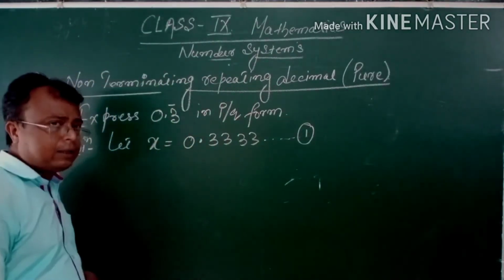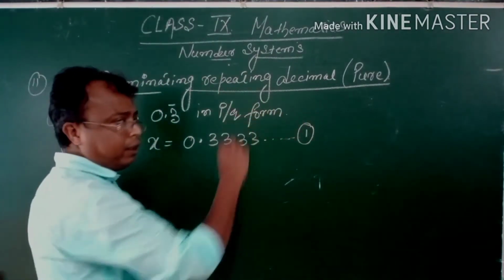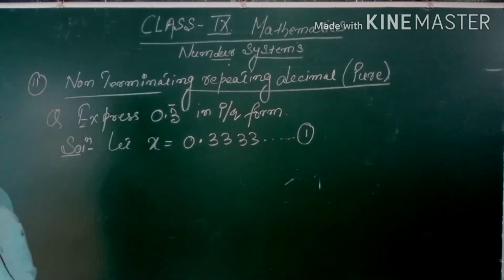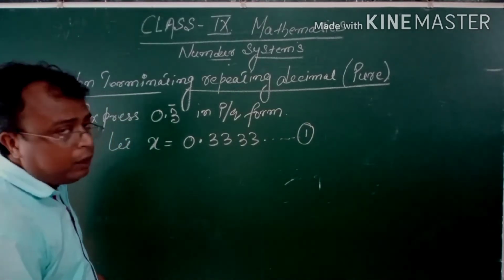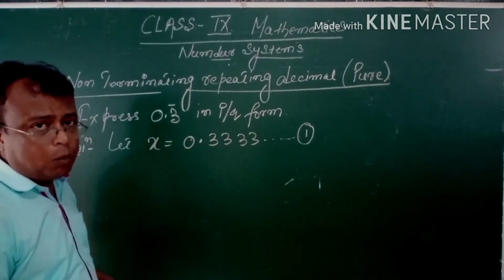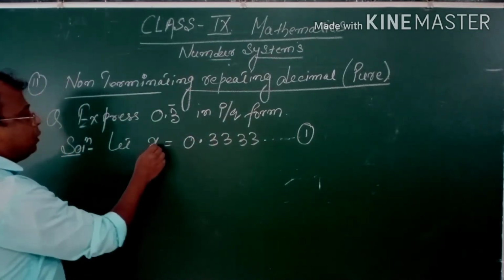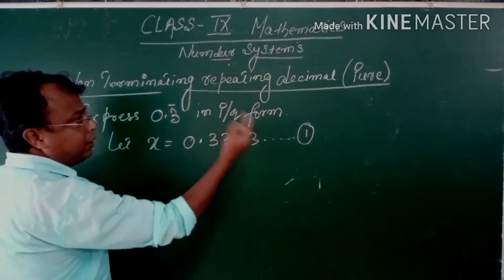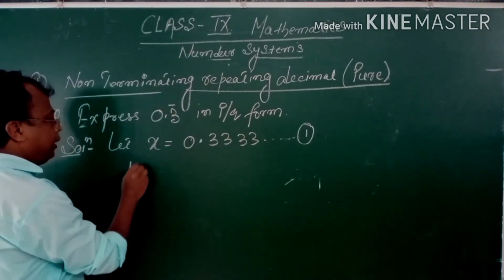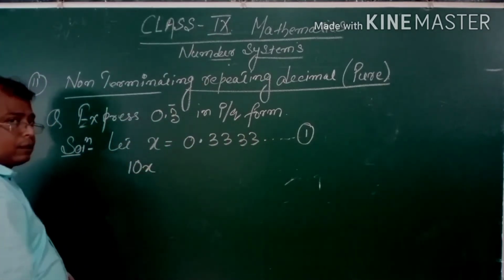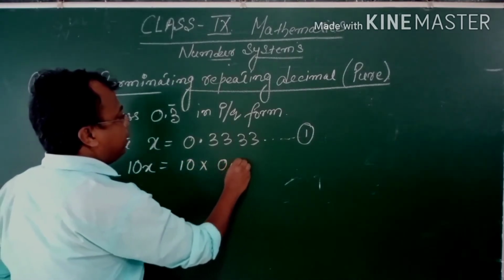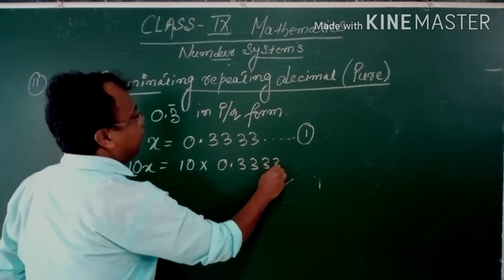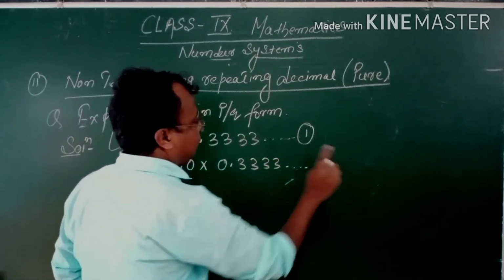Now in our case, only one digit is repeating, so I am going to multiply equation number 1 by 10. So multiply the left side and right side by 10. So 10x is equal to 10 into 0.3333 dot dot dot. Equation number 2.